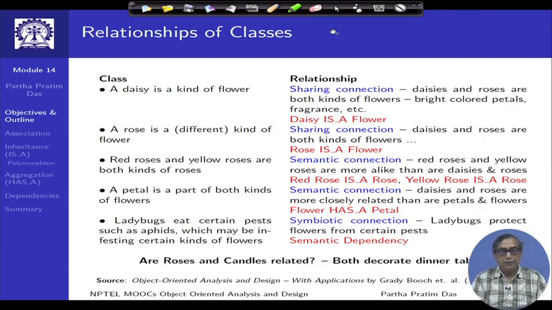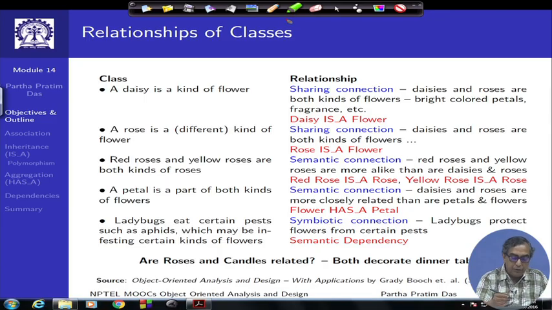So, if we look into these 5 statements, first what we may do is quickly identify the different classes that we will have. Certainly, flower is a class, which is all kinds of flowers that can happen. Daisy is a class, it is all daisy flowers that we can think of.